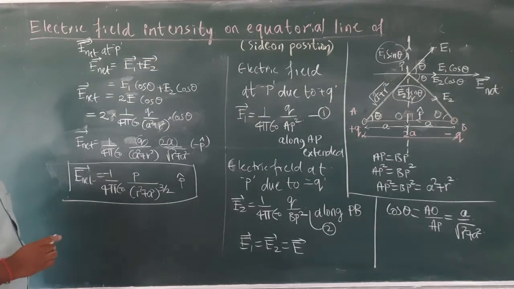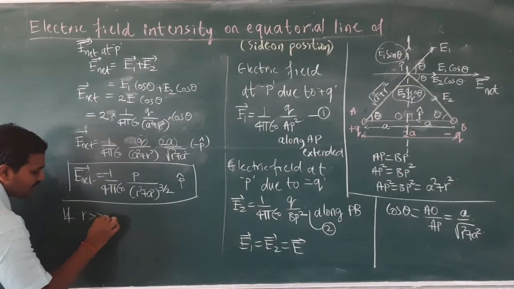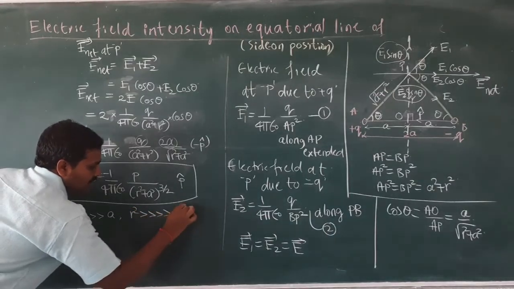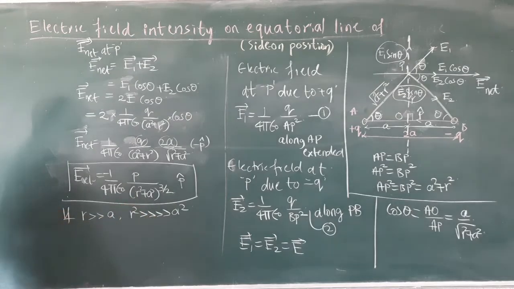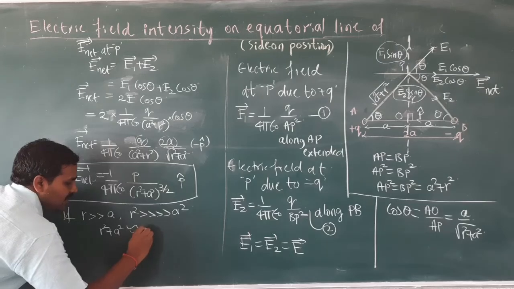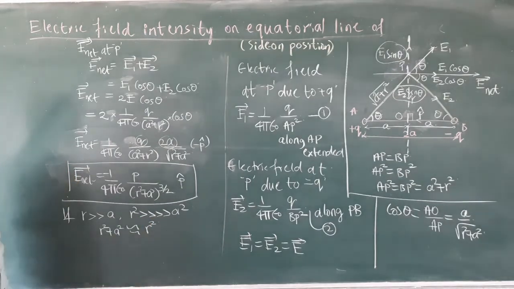Okay. In most cases, this dipole length is very small, or sometimes I write it as if r is greater than a, then r square is also much greater than a square. If r square is much greater than a square, we can write r square plus a square is nearly equal to r square, meaning you can neglect this a square.